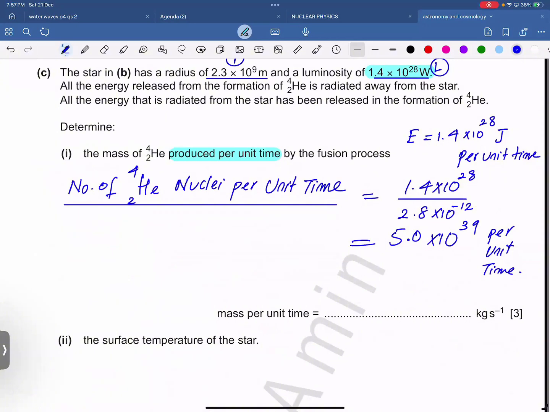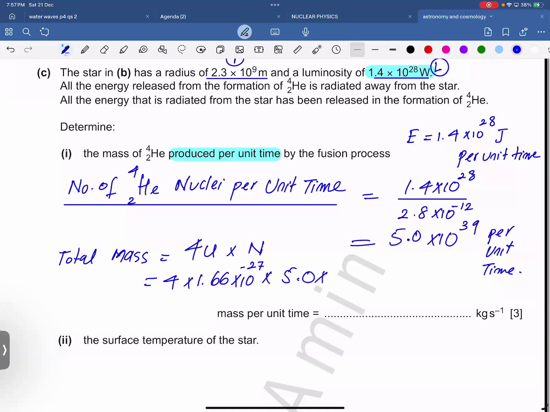This many nuclei. Now, mass of one nucleus is how much? 4u. So the total mass will be 4u multiplied by the number of nuclei. 4 into 1.66 into 10 power minus 27 into 5.0 into 10 power 39.